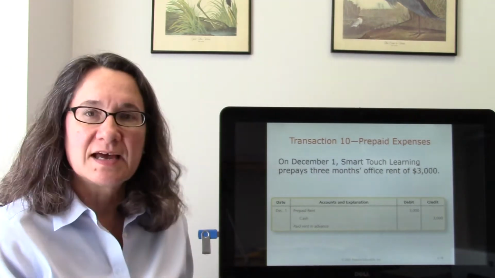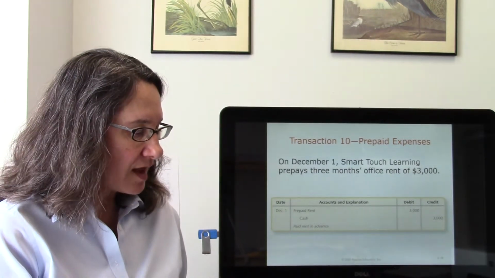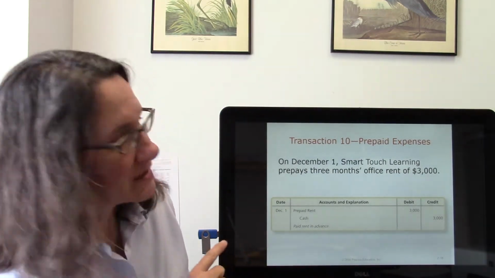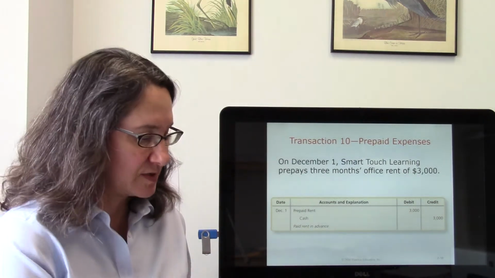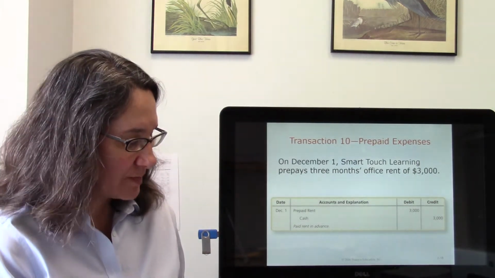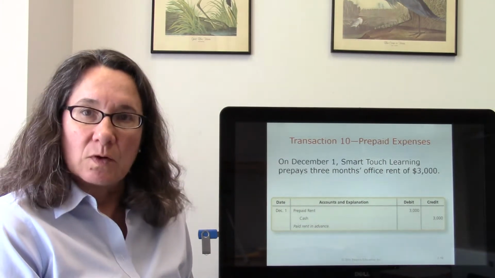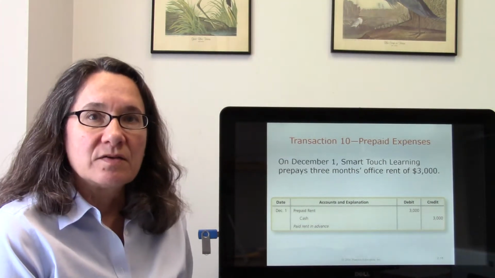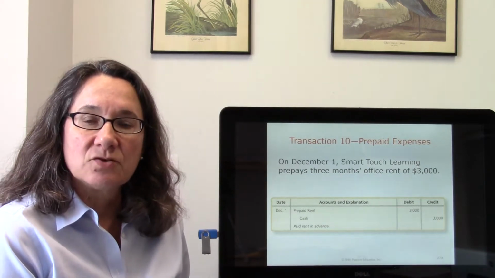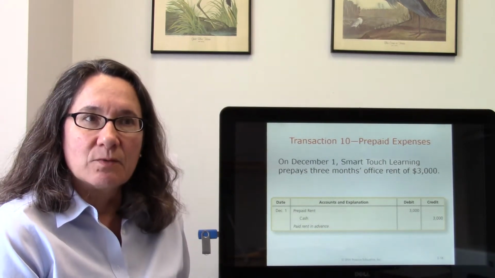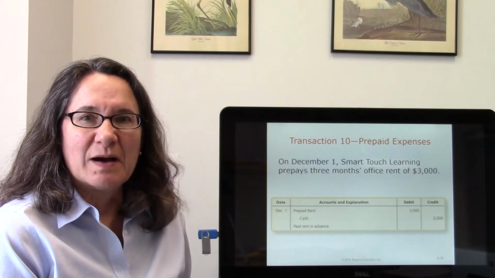So we're up to transaction 10, and transaction 10 is something called prepaid expenses. We have learned about this asset before. So some things you pay up front and they become an asset. Things like your rent, maybe you can pay rent in advance. You buy supplies, right?